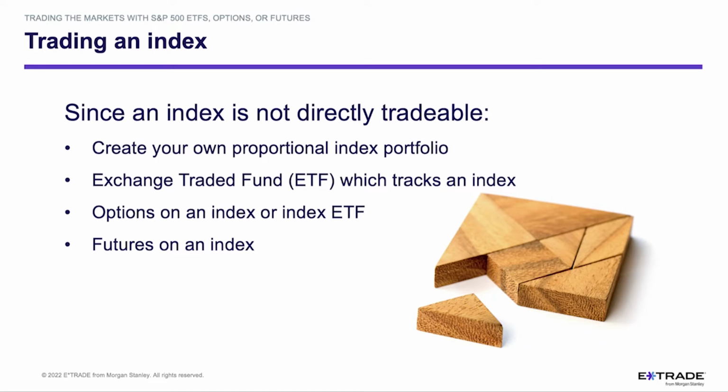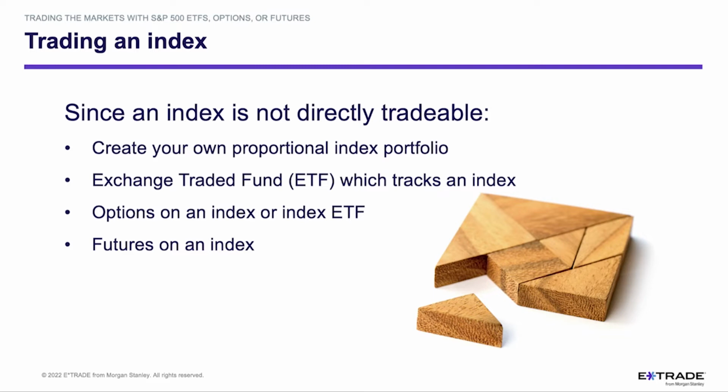Well, first of all, you could consider creating your own proportional index portfolio. But that would be a lot of transactions typically and could have a lot of capital requirement that comes along with that. You could also consider exchange traded funds or ETFs, which are designed to replicate the performance or track an index.